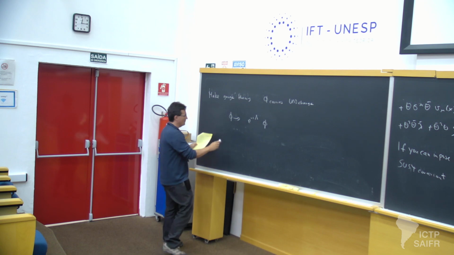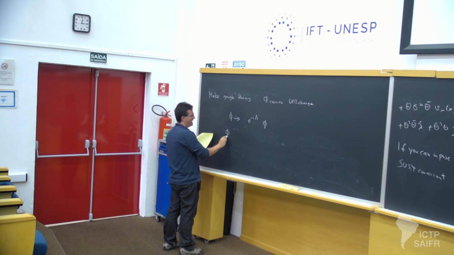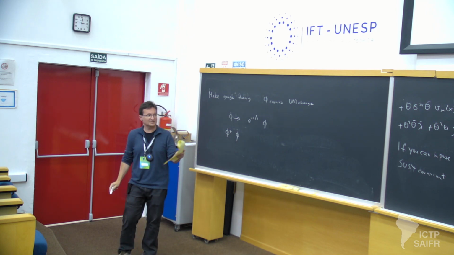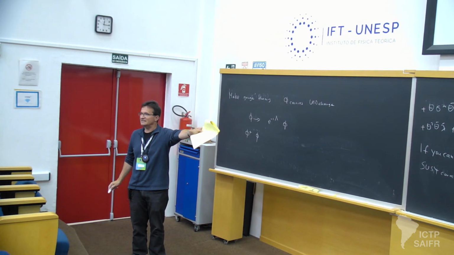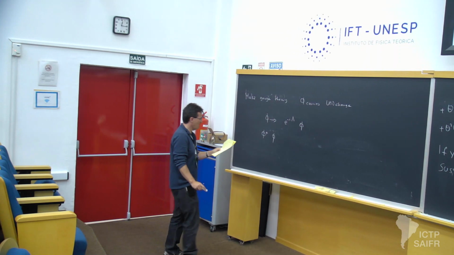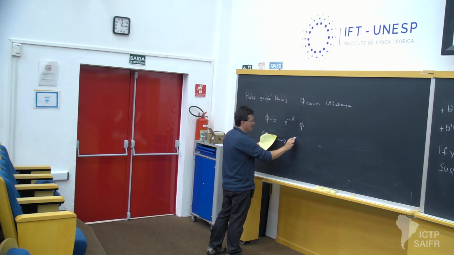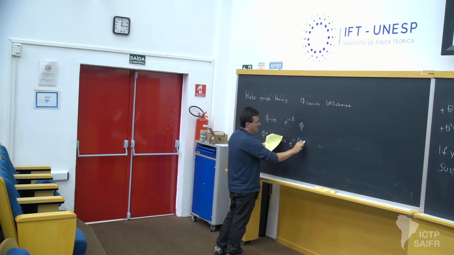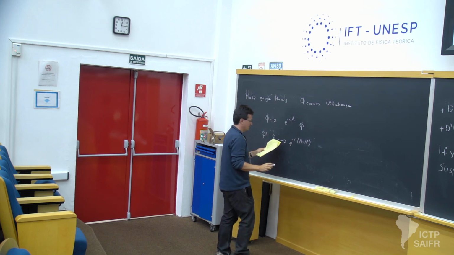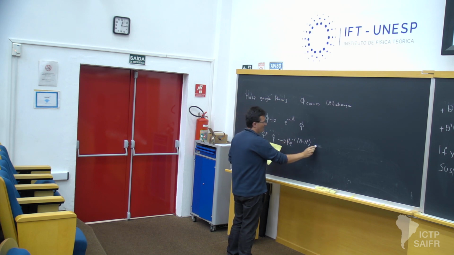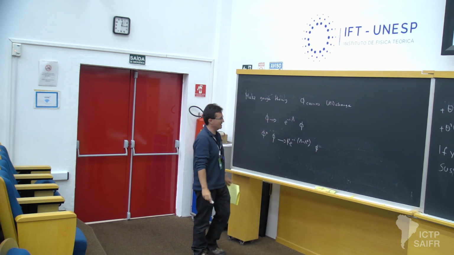Now, I know that I will have to have a phi dagger phi type term in my Lagrangian, because that's how I make the kinetic terms. How does this transform? Well, it is going to pick up e to the minus i times (lambda minus lambda dagger) on phi dagger phi.